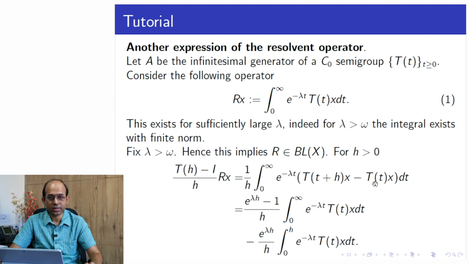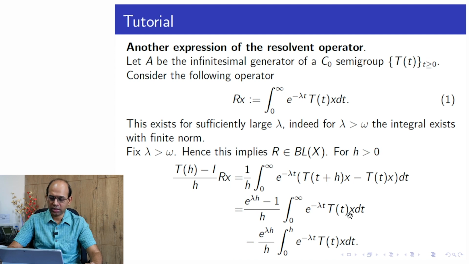It is coming from exactly this, integral from 0 to infinity of e to the minus lambda t T_t x dt. So this minus 1 term is coming from here, and just to manage this term, I had to take something common here and subtract something here.